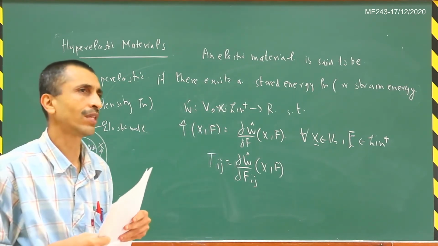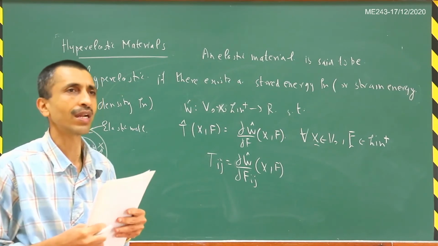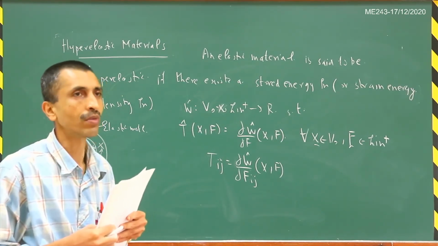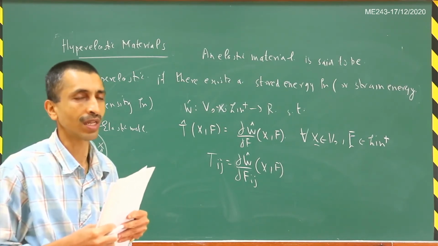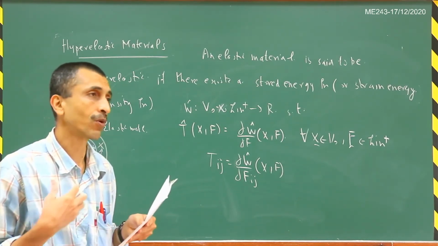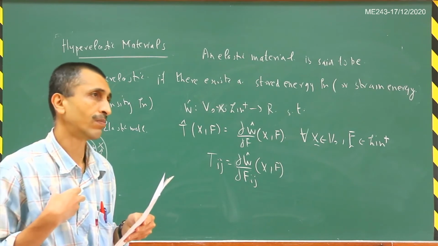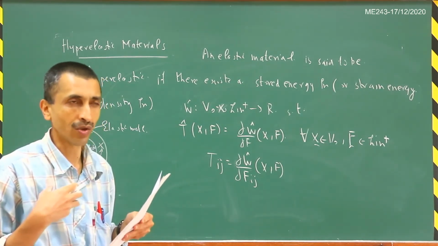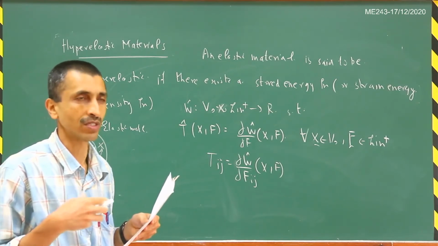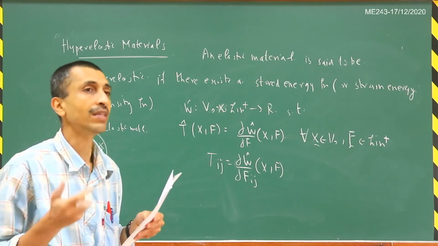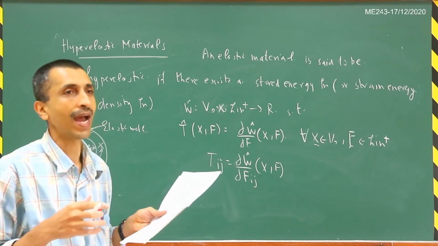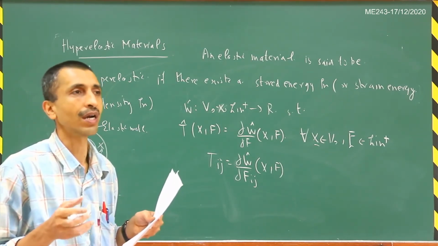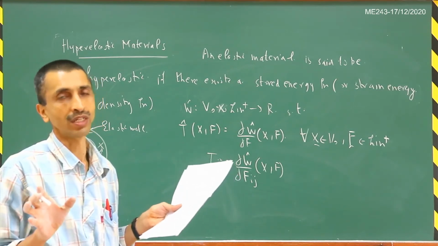And actually, the reason for that is that there are very strong thermodynamical reasons for why you can assume an elastic material to be hyperelastic. Especially, suppose the process that the material is undergoing is an isothermal process or an isentropic process, then we can rigorously show that the free energy function acts like a strain energy density function.